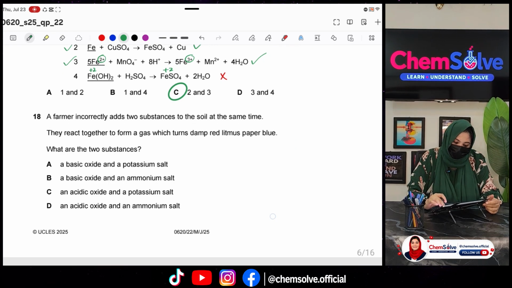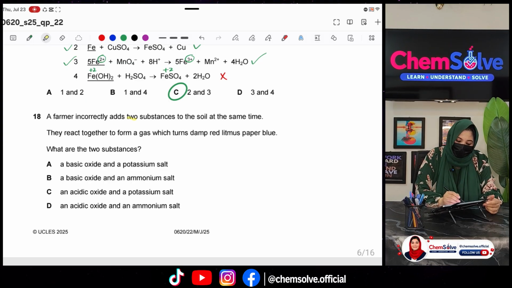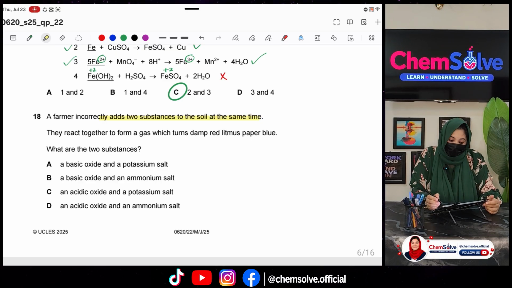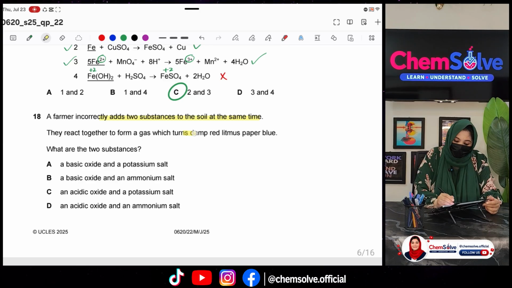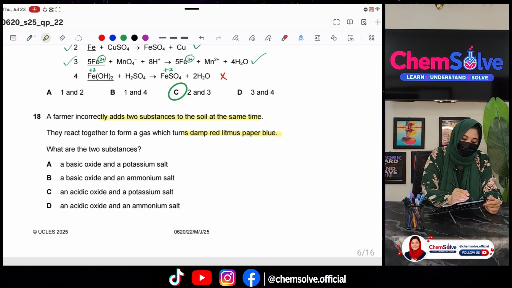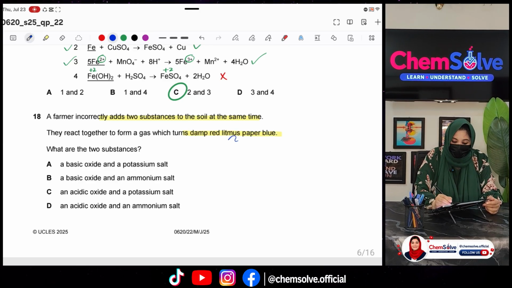Okay, so next is question number 18. A farmer incorrectly added two substances to the soil at the same time. Okay, so they react together to form a gas which turns damp red litmus paper blue. Which gas does this? This is the alkaline gas.